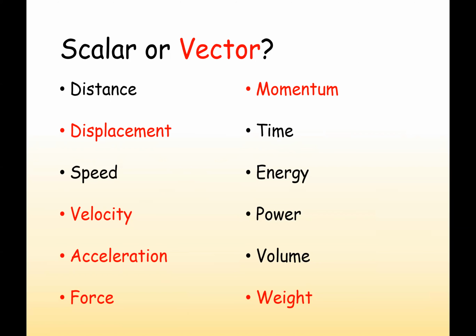Okay, so the vectors are displacement, velocity, acceleration, force, momentum, and weight. And the scalar ones are distance, speed, time, energy, power, and volume. Have a think for a second. Just make sure you're happy as to why each of those are the one they are.